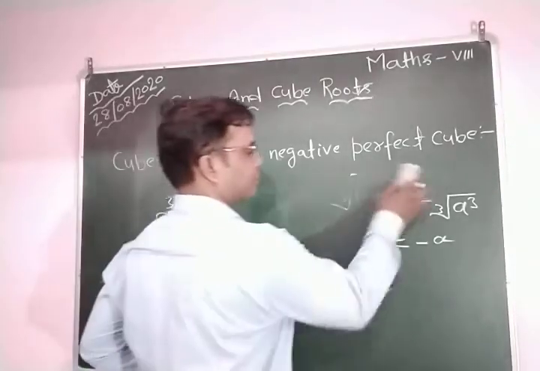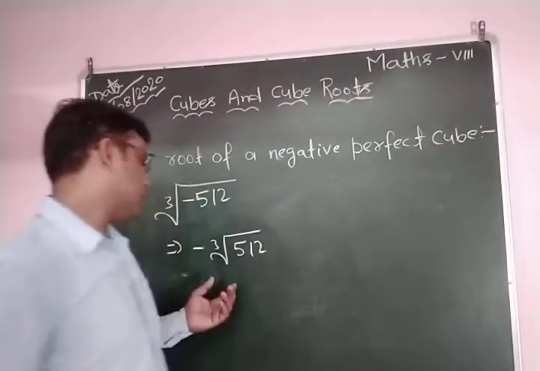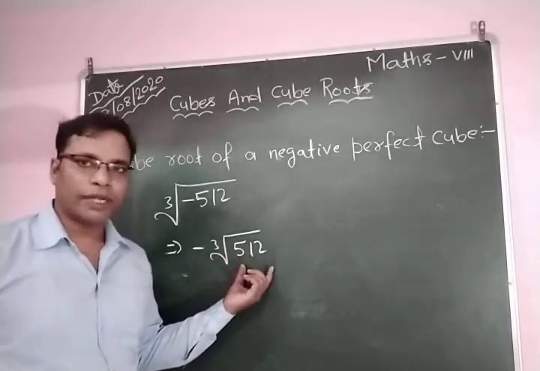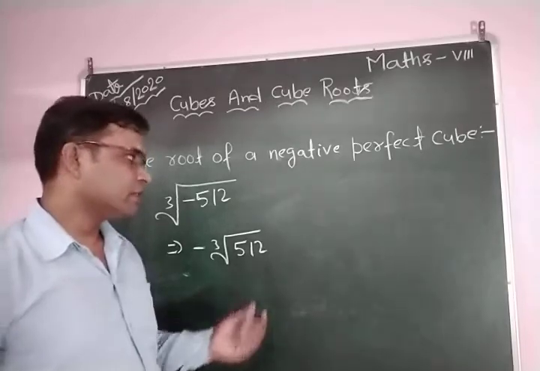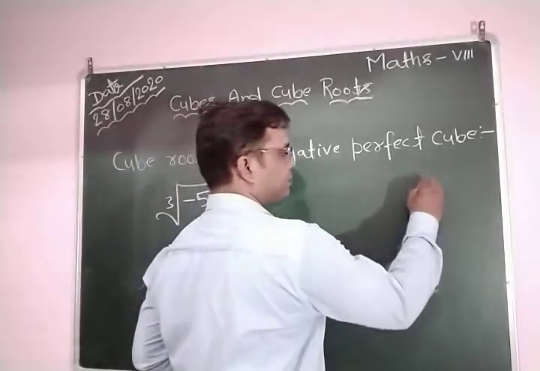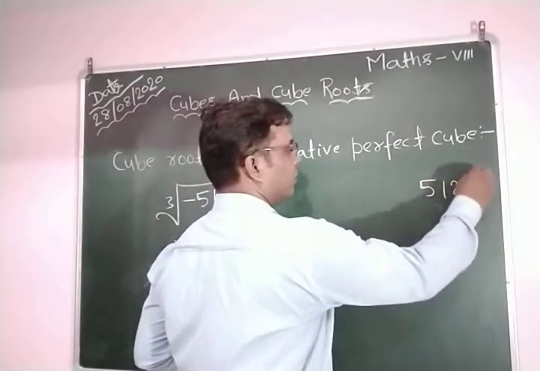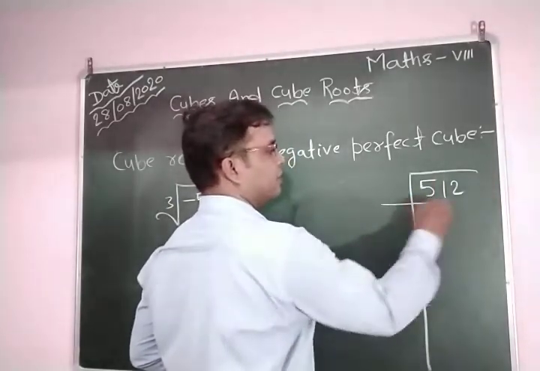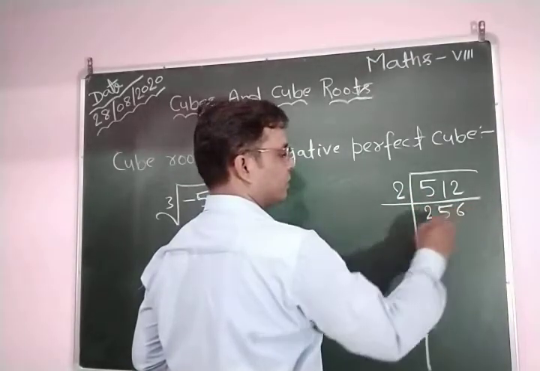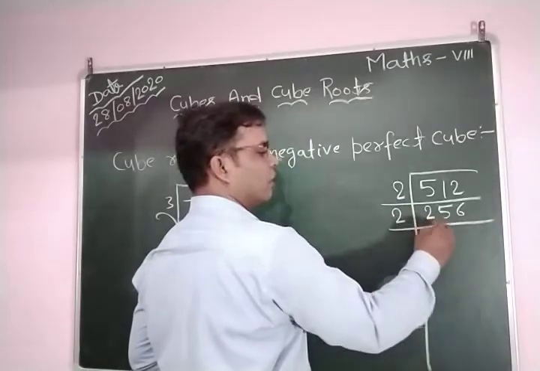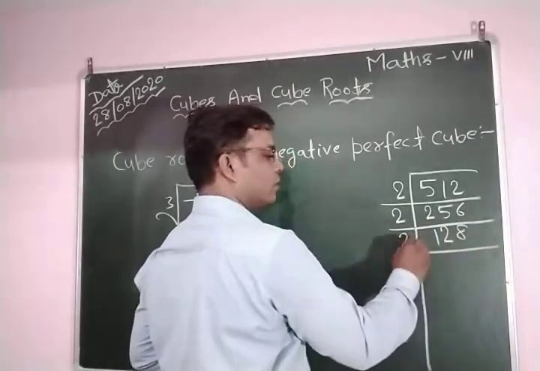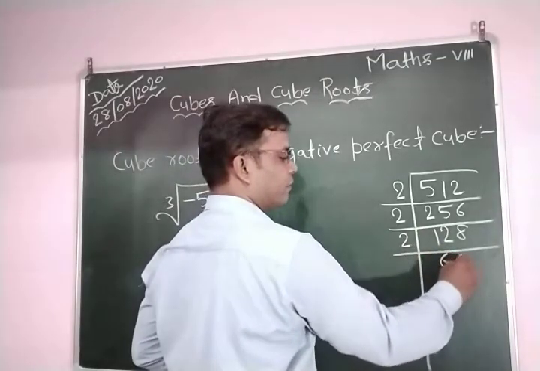Now we find the prime factorization of this number. How do we find it? Use the prime factorization method. So 512: if you divide it by 2, we obtain 256.